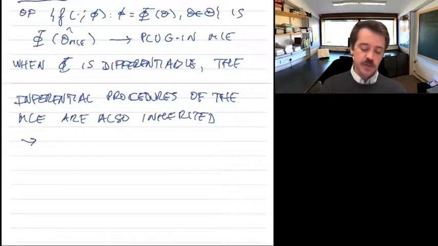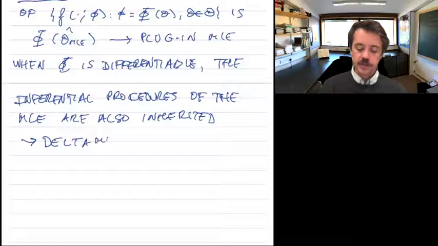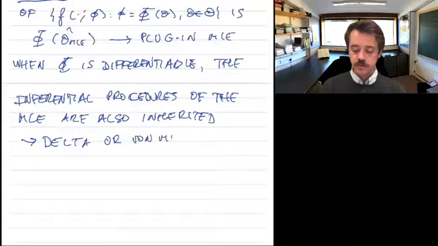Okay, and this is what is called the delta method, or also called, as I said earlier, the von Mises method.